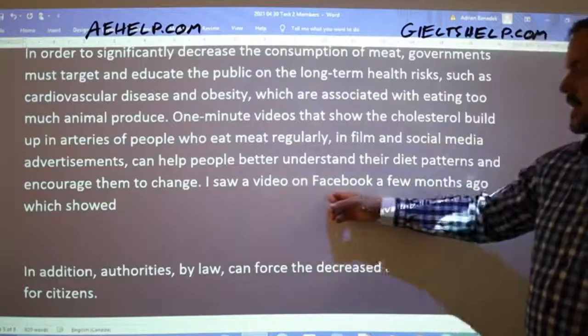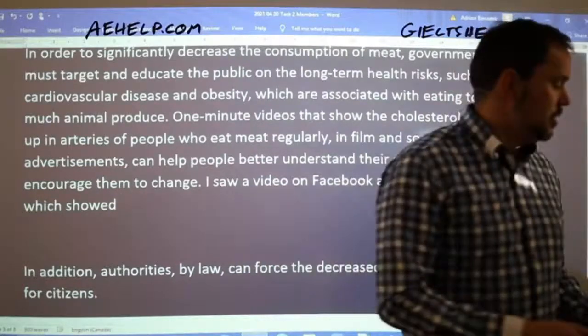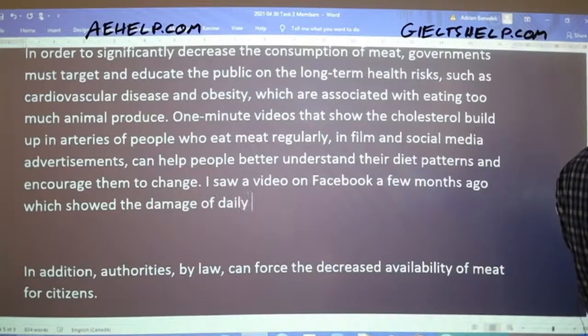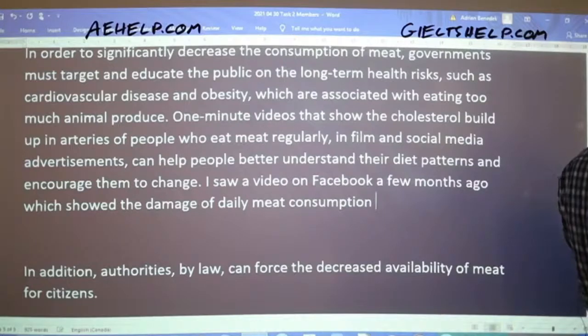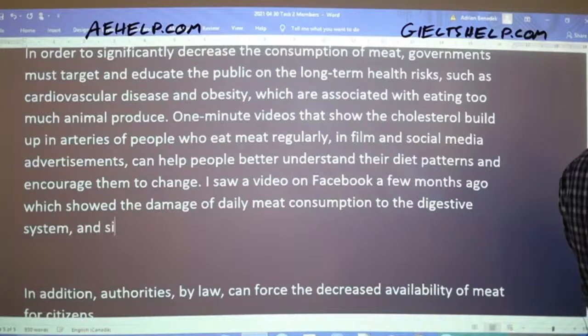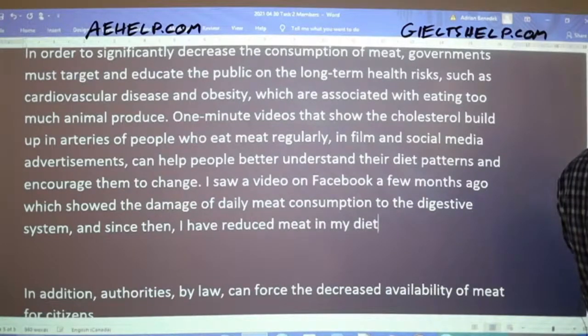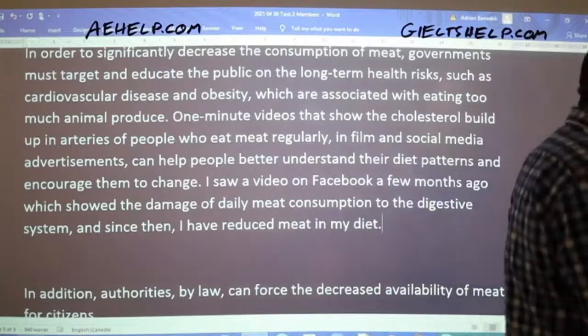So I saw a video on Facebook a few months ago which showed the damage of daily meat consumption to the digestive system, and since then I have reduced meat in my diet. Okay. All right.